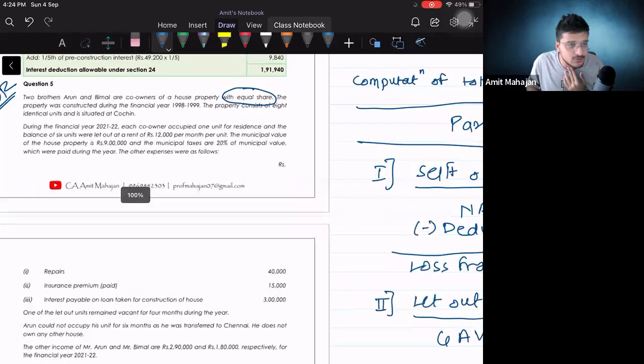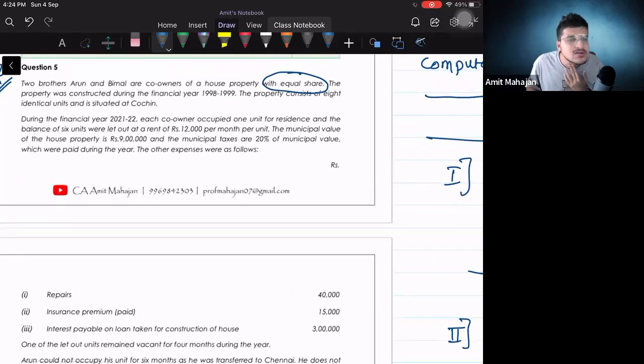What was the municipal value? 9 lakh rupees. So 9 lakhs pay 20%, but that is for the entire property.